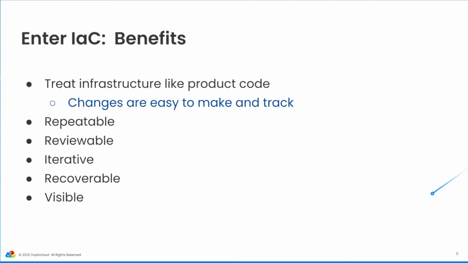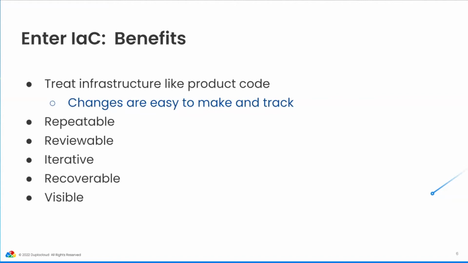We can see exactly what it's going to do in the code, and we know we can repeat it. We can also review it, with code reviews and PRs. We can make changes iteratively, just like in our product code, changing things a little bit at a time. We can recover to a previous state, which is very easy if you have source control management like Git.